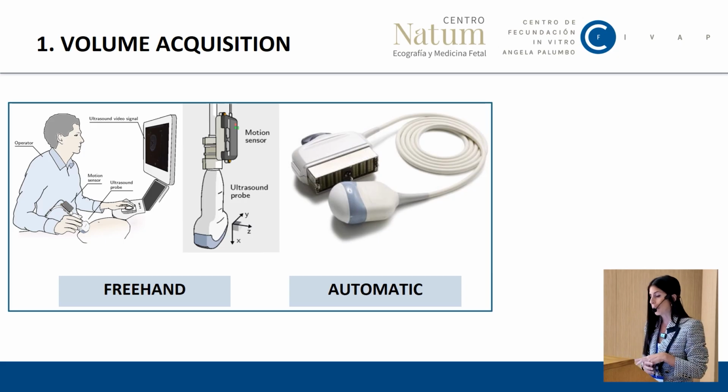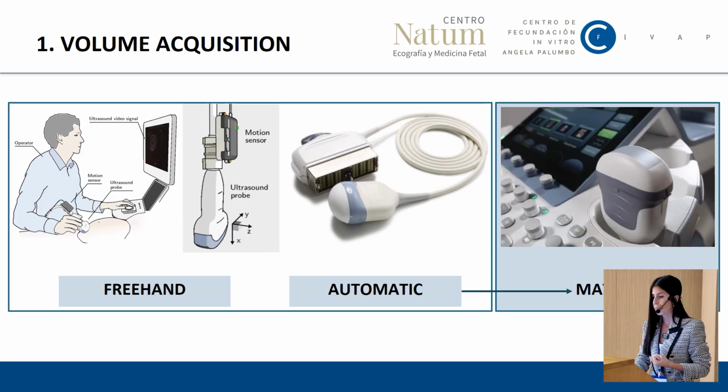The second one, the automatic one, which is the one commonly known, has an automatic system that needs a special 3D/4D probe that can only be used as part of the specific ultrasound system. It increases the cost of the machine, of course, but on the other hand, it offers two major advantages. The image quality is significantly better, and it can provide real-time visualization to the operator of the ultrasound.